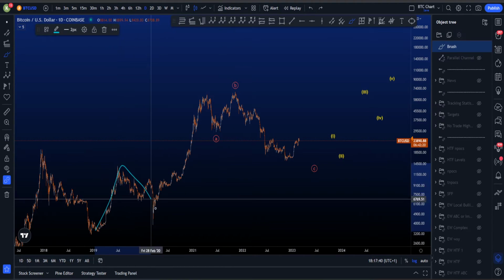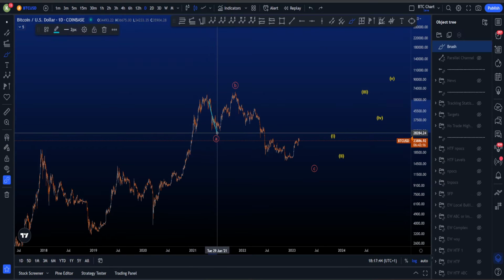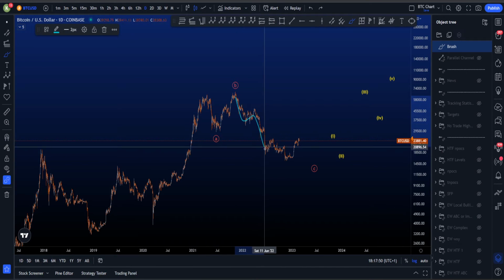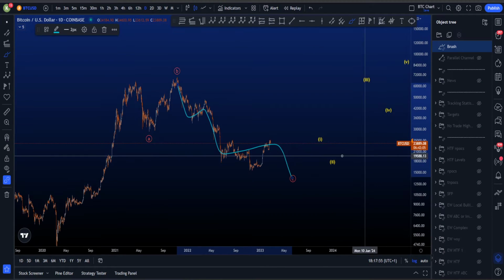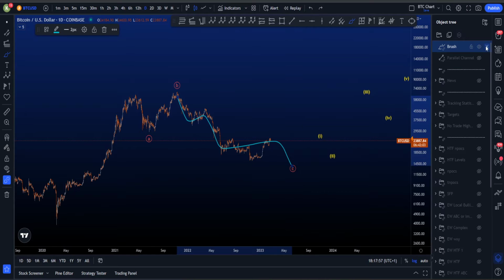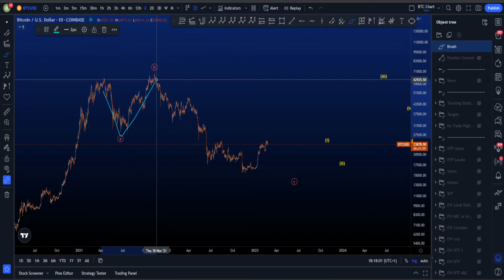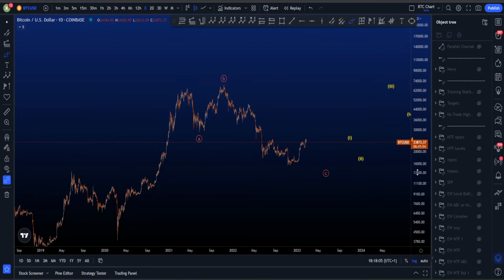It's something like a 1, 2, maybe a 3, 4, 5. And then this is an A, a 3 wave, A to the downside. Then a 3 wave move to the upside, followed by a 5 wave move to the downside. So that's how we get to an A, a B, and a C, and it's basically a 3 wave, 3 wave, 5 wave.